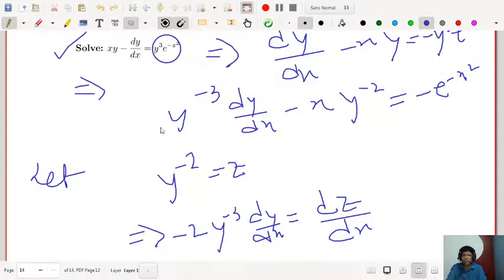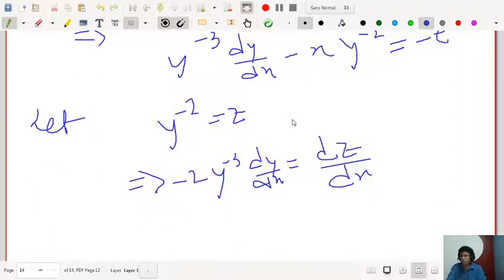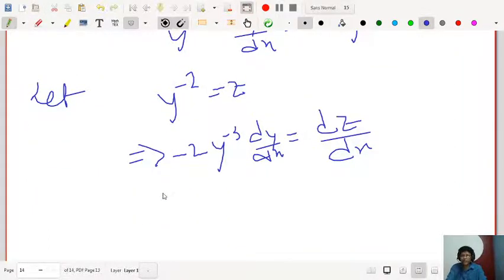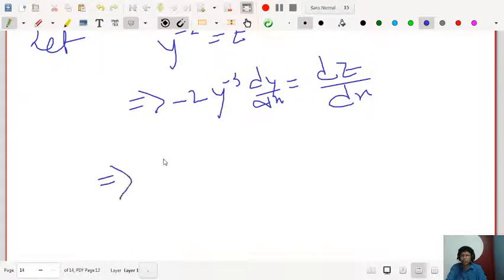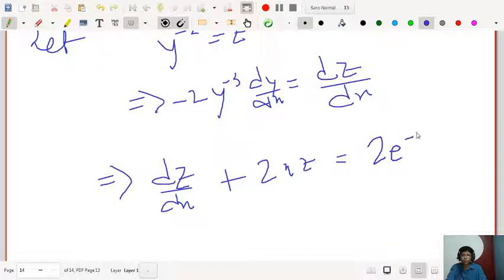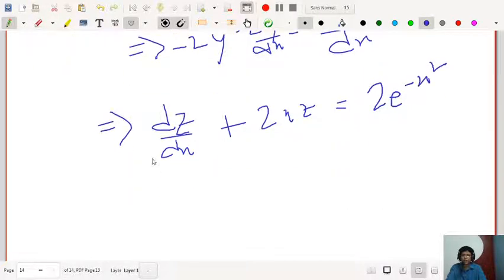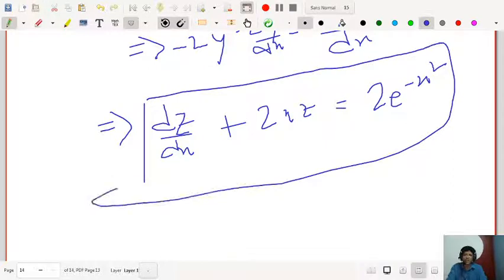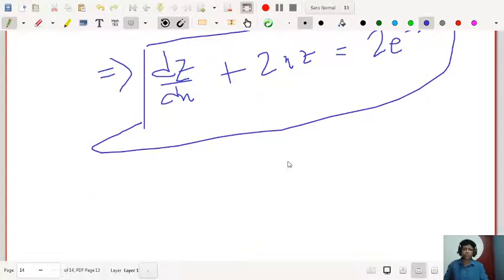So now with this transformation, the equation transforms to, let me write the equation in a more simplified form, you can check later on: dz/dx plus 2xz equal to 2 e to the power minus x square. So look at that, this is nothing but linear in z, and you can solve the equation because this is linear in z.